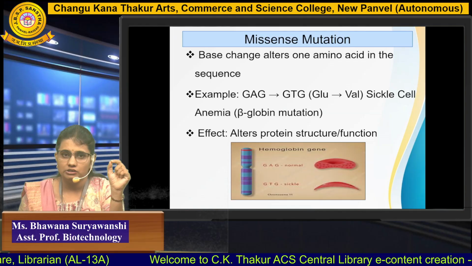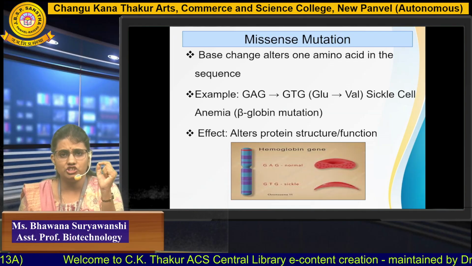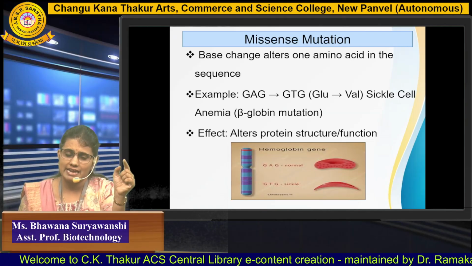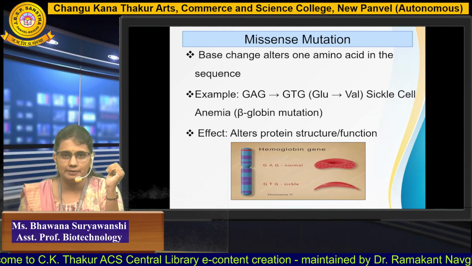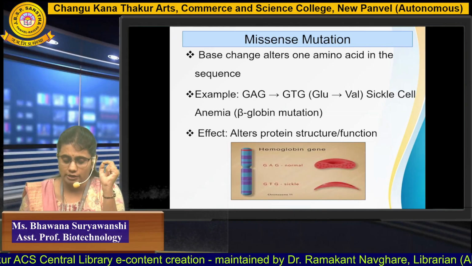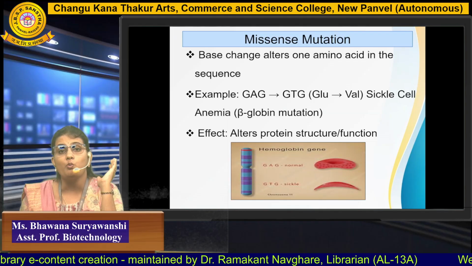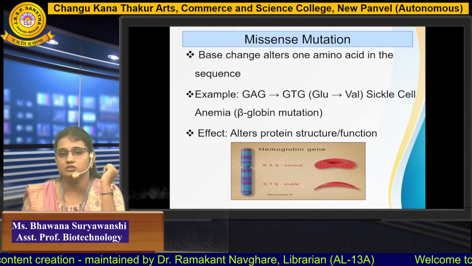For example, GAG is getting converted to GTG, wherein A is substituted by T. GAG was the wild type, initially coding for glutamate, and it is converted into valine when it is changed to GTG.